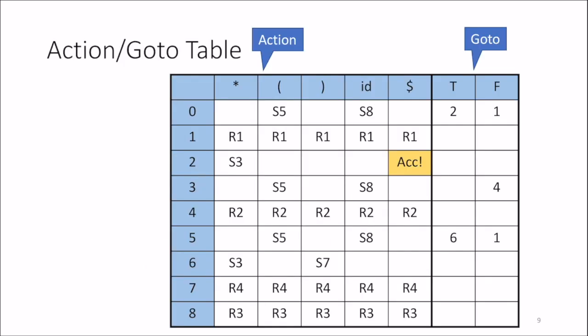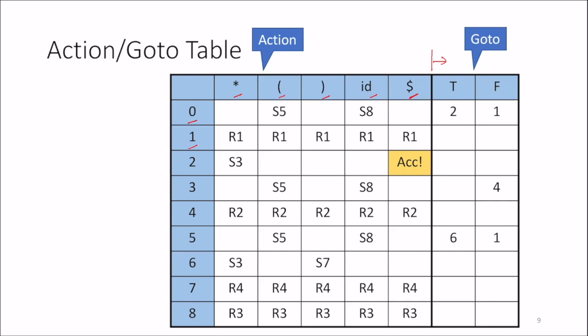So here's an example action Goto table. This part of the table with the symbols on top is the action table. This part over here is called the Goto table. And as you can see, it has a bunch of states: state 0, 1, and so on. And here it has input symbols like the multiplication, open parenthesis, close parenthesis, ID. And $ is a special symbol which signifies the end of the input string.